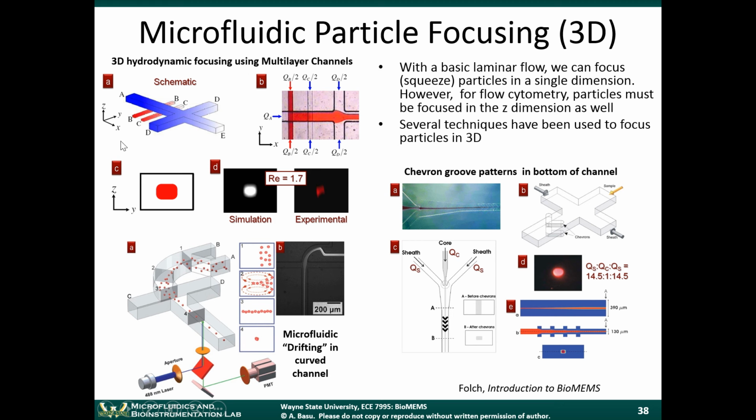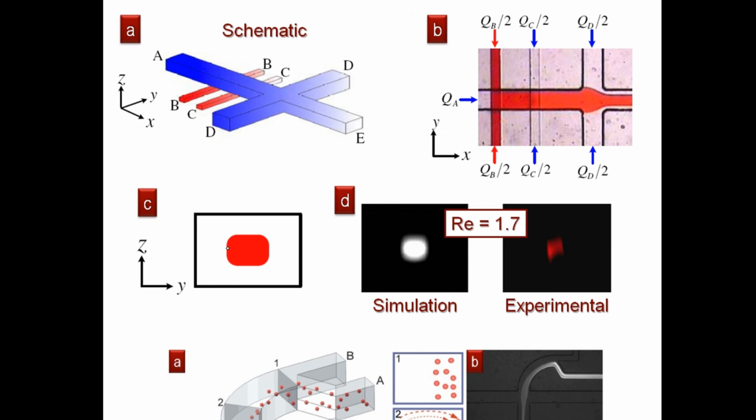Okay, so if you have flow going from A to E, for example, going this way, and you also have flow coming in B and C, so whatever's coming in B, let's see, where's a good picture of that? All right, let's just zoom in on this.